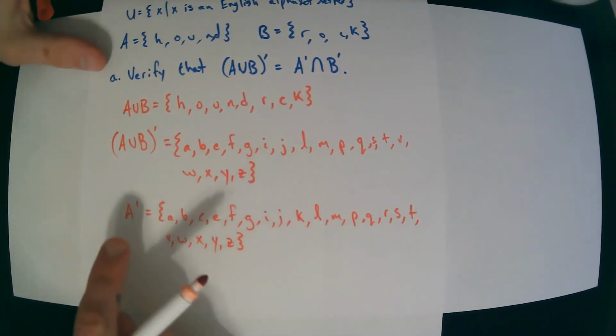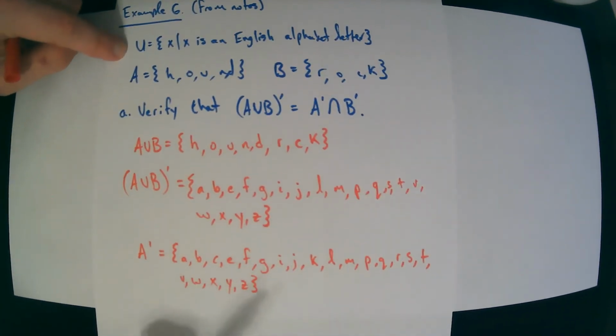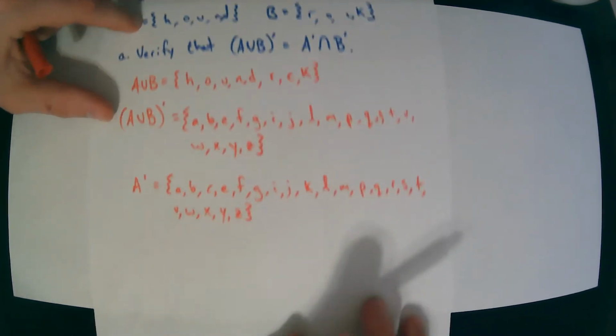Good, so I've got all the letters. So A complement is the set of all the letters in the universal set, the 26 English alphabet letters, but excluding the letters that are in A.